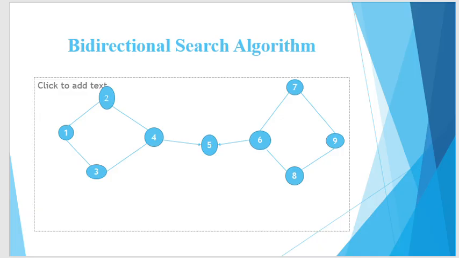There is a simple example. If you tell your friend, let's meet, one option is that you go to his home, or he comes to your home. This is the normal technique.